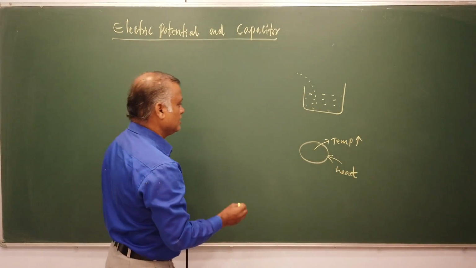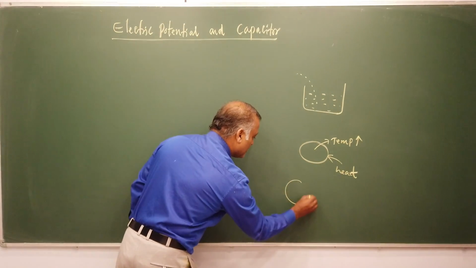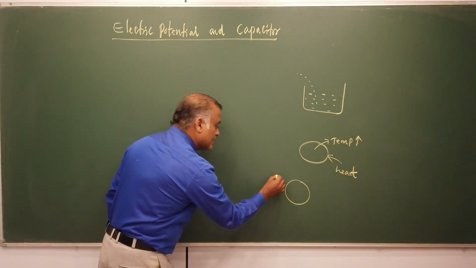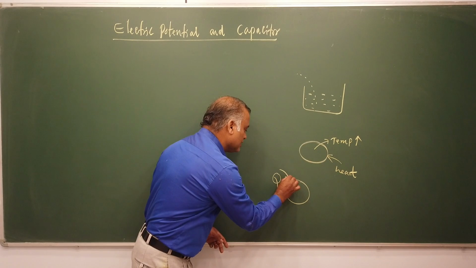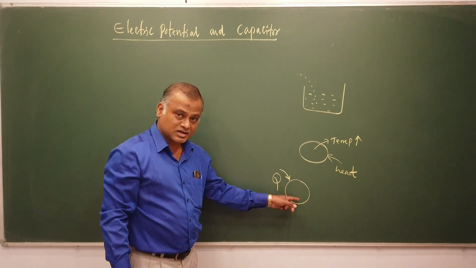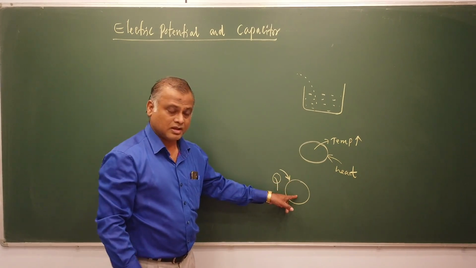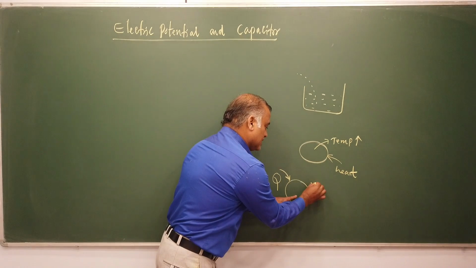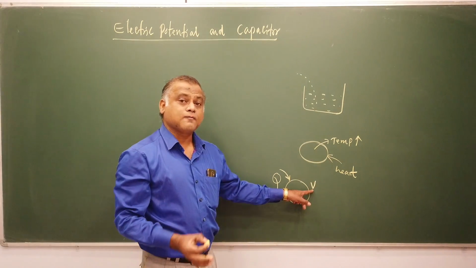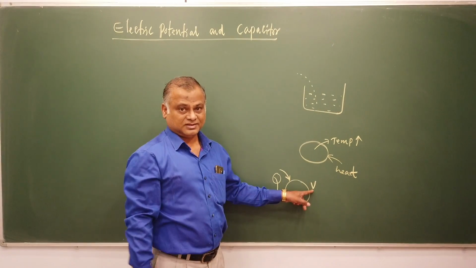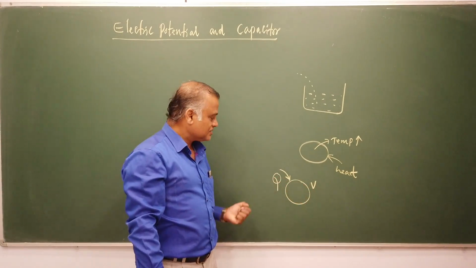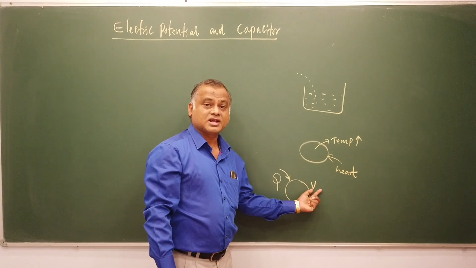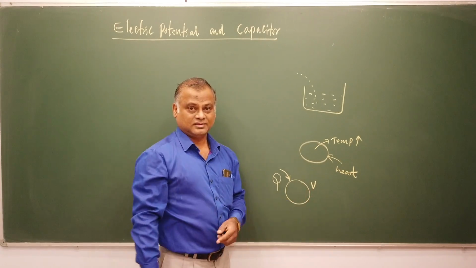Like that, for a body, on giving charge to a conductor, you must say the level of potential increases. If I remove a charge, you must say the level of potential decreases.